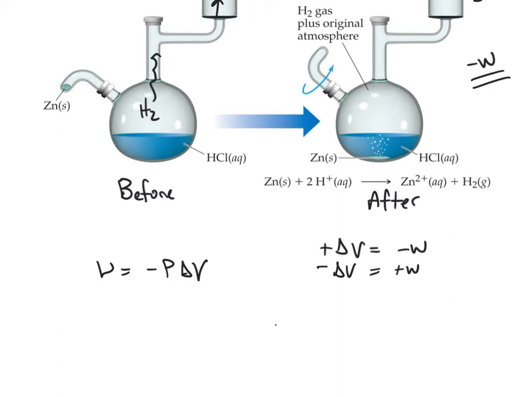If the change in volume is negative, as written, then the work would be a positive number, because the negative sign flips it. So if the change in volume is positive, that means there's a negative work, or work done by the system on the surroundings.